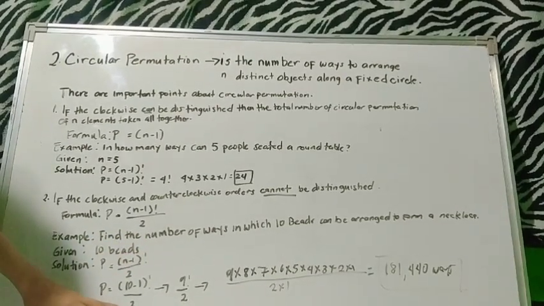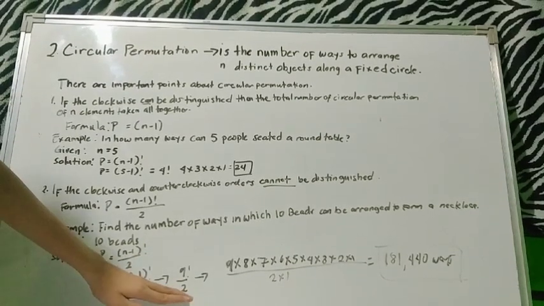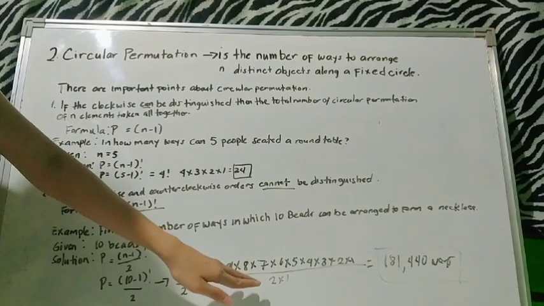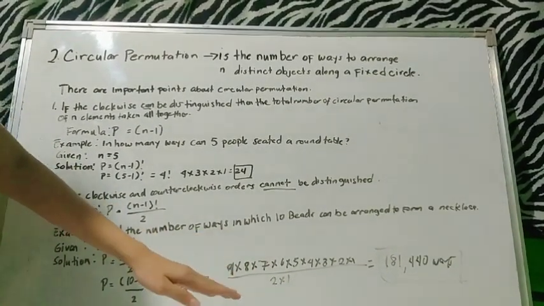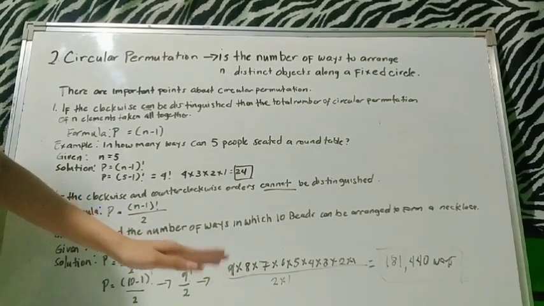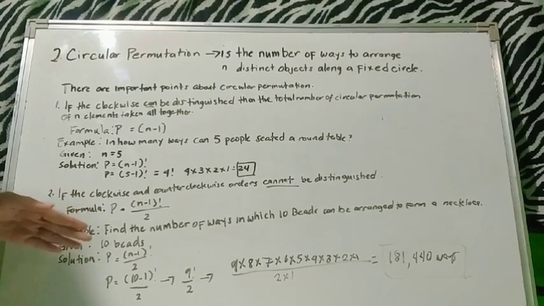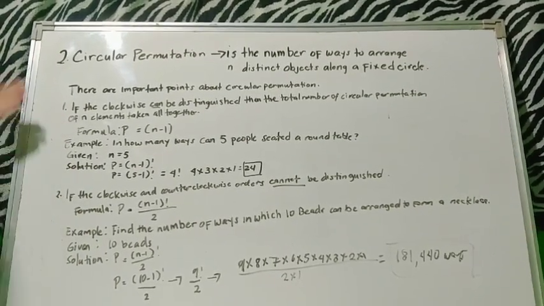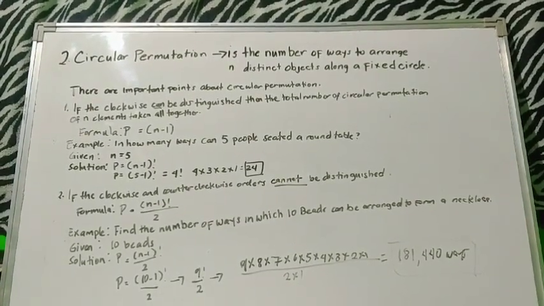So P equals (10 minus 1) factorial over 2, which is 9 factorial over 2. 9 times 8 times 7 times 6 times 5 times 4 times 3 times 2 times 1 over 2 times 1 is equal to 181,440 ways. So those are the 2 important points of circular permutation.